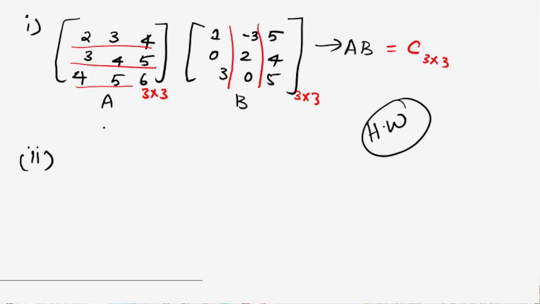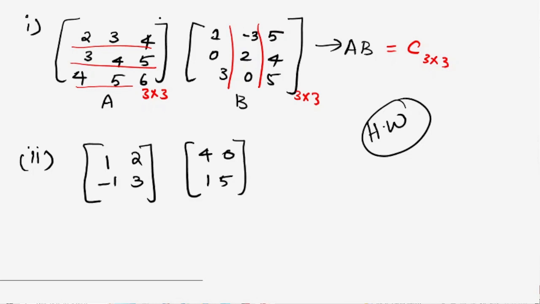Now another question, a very easy question I'm going to give you. 1, minus 1, 2, 3, going to multiply it with 4, 0, 1, 5. This is a very simple problem again. This is a 2 by 2 matrix. This is also a 2 by 2 matrix.